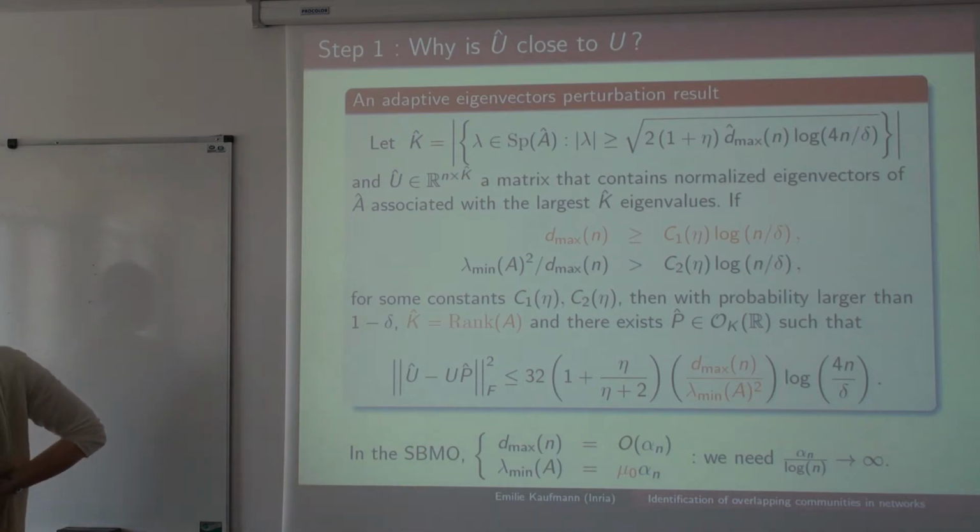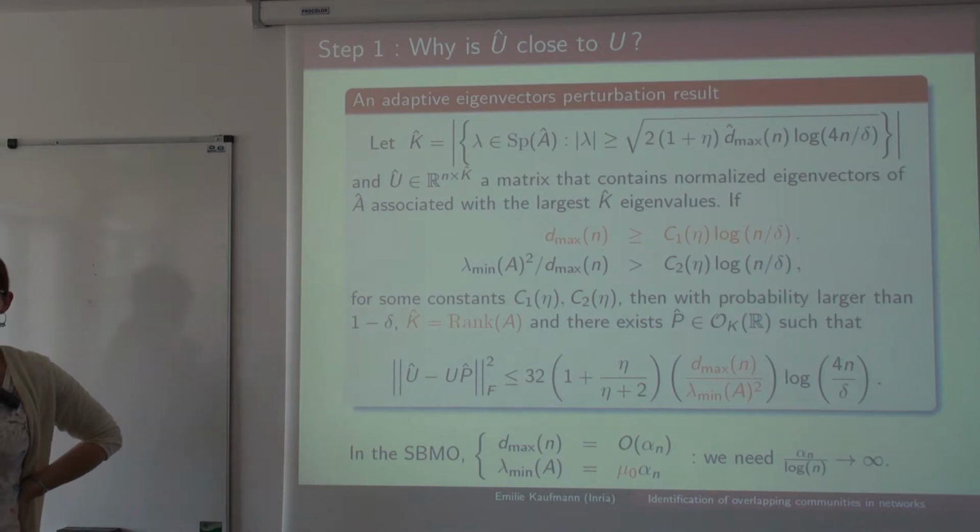In the particular case of the SBMO, I already told you about this degree parameter, and the fact that Dmax will be of order alpha n. We looked closely at the spectrum of A as well, and the smallest non-zero eigenvalue of A will be of the following form, where mu0 here is the smallest non-zero eigenvalue of the matrix M0.